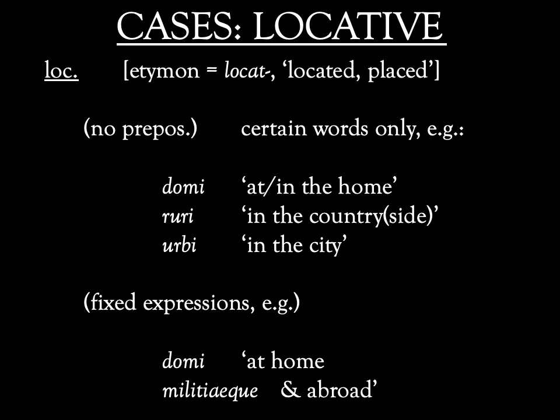So, there is only a handful of fixed forms and expressions using the locative, including certain common locations, again home, domi, countryside, ruri, and city, urbi, among others, and idioms like the Roman expression for domestic and international politics or at home and abroad, domi militiaeque.